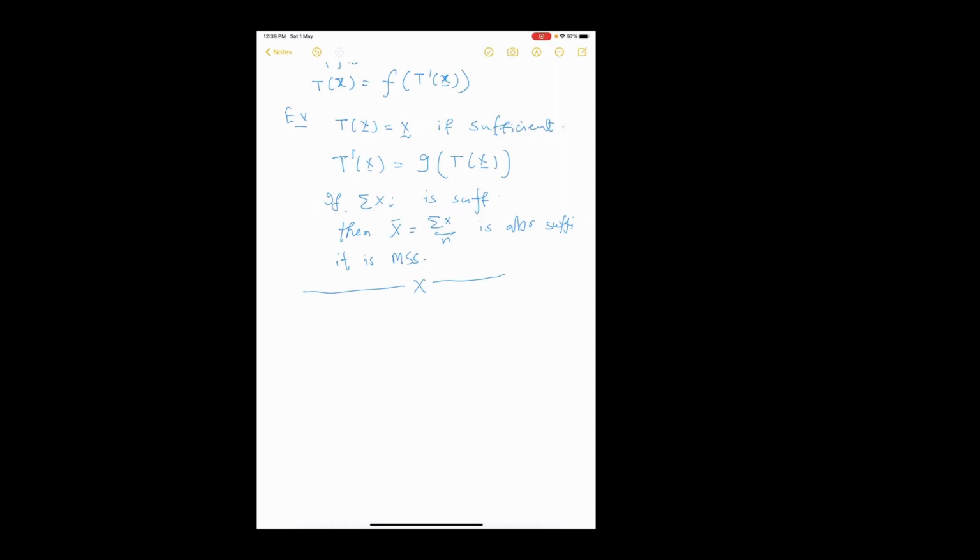So let me first write down the definition.